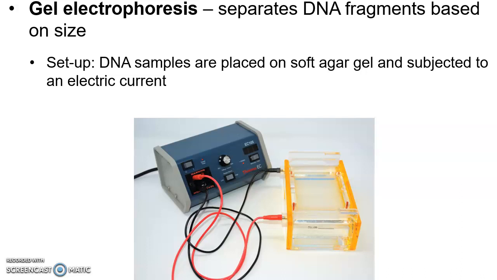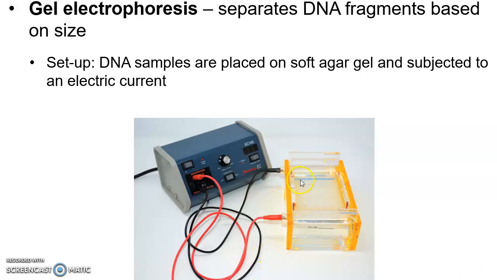And so what you do is you cut the DNA with an endonuclease or endonucleases, and then you use an agar gel. There's a gel in this contraption, and you make wells in the gel when you're molding the gel, and then you can put the DNA samples in those wells and use an electric current to pull the DNA fragments through.